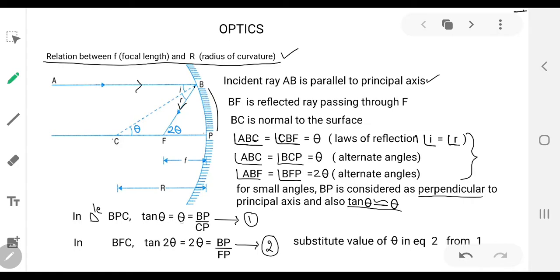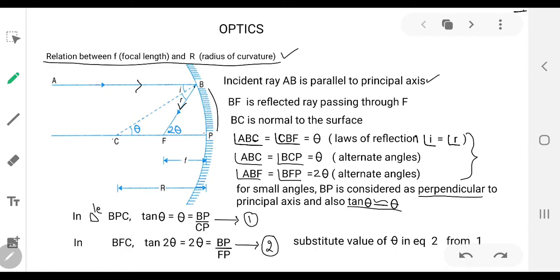So what is the tan theta equation you can write? It is opposite upon base, BP upon CP. So tan theta is nearly equal to theta, which is equal to BP upon CP. Let us denote this as equation 1.